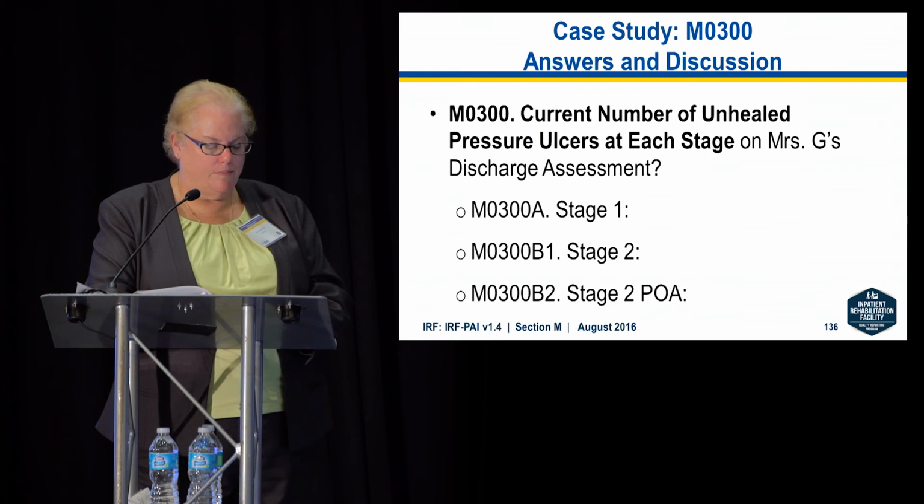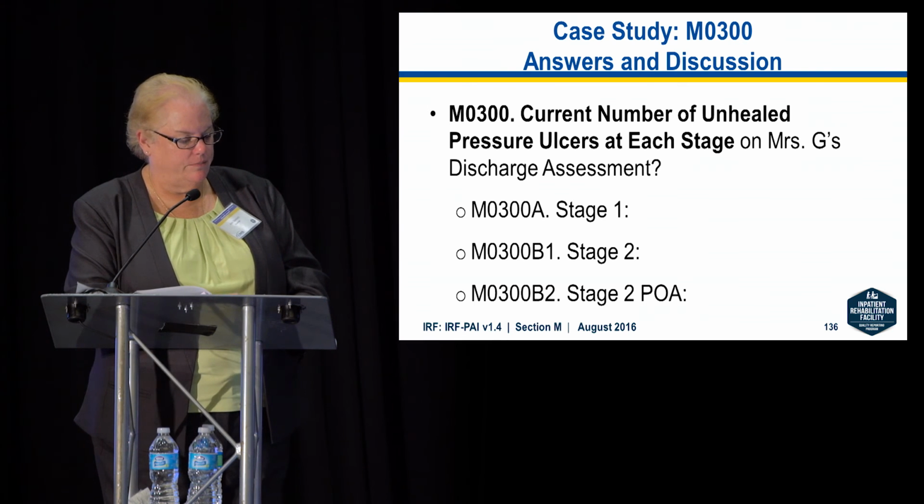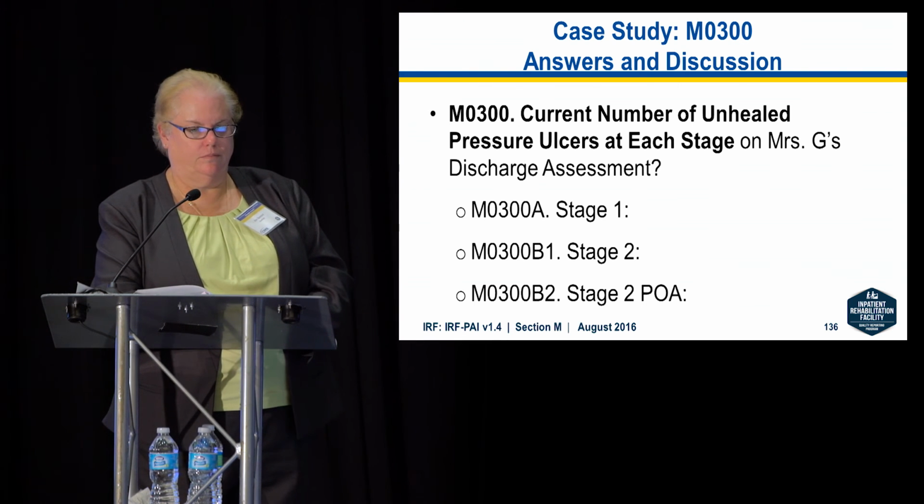So let's go through for M0300, current number of unhealed pressure ulcers at each stage. So how about stage 1? I hear one person. What do you think? Stage 1?